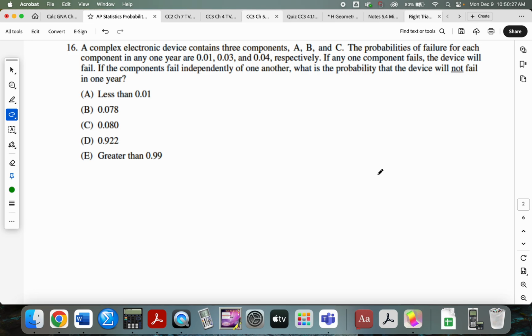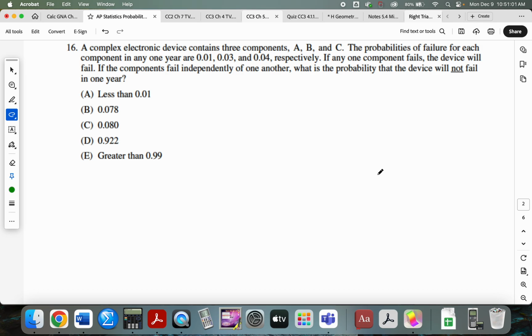No. One of the problems with what you did is you assumed that only one of them was going to fail. What if 2 of them failed? What if all 3 of them failed?